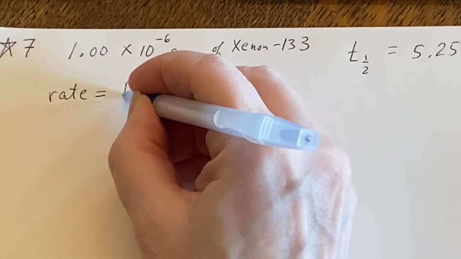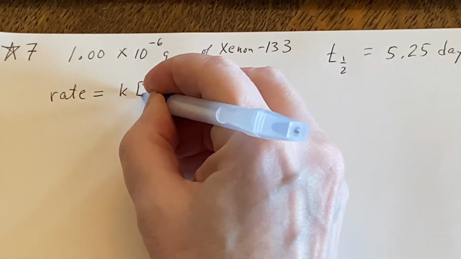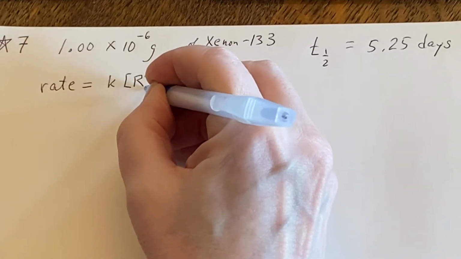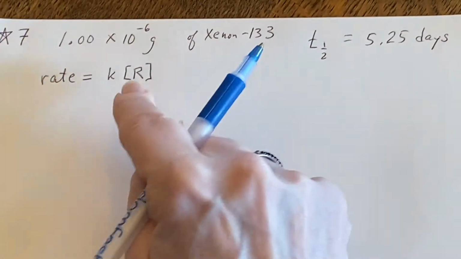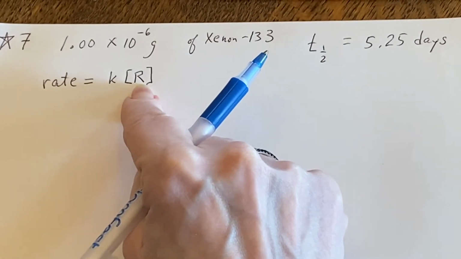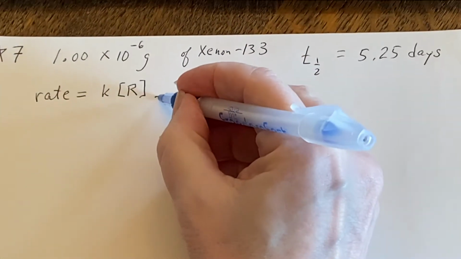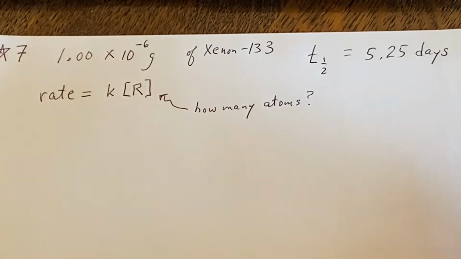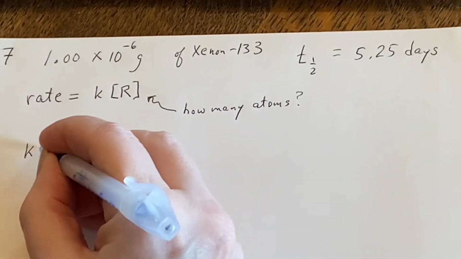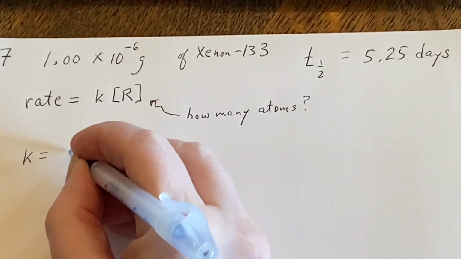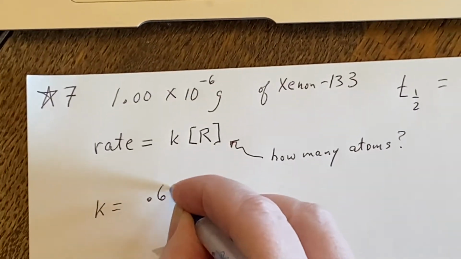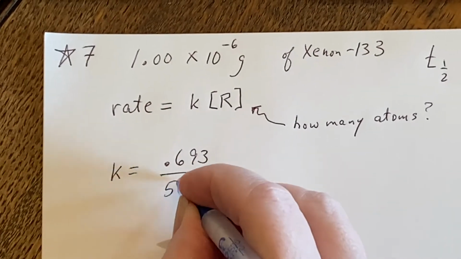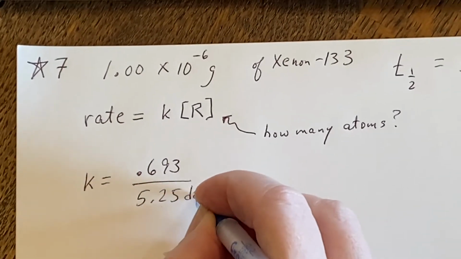Our rate is the rate constant times the amount of stuff, because it's a first order reaction. So it appears as just once here, right? So I'm going to wonder how many atoms there are. If I want to know how much there is, I want to know how many atoms there are. And I will say that k is the natural logarithm of 2, which is 0.693, over the half-life, which they gave me, 5.25 days.